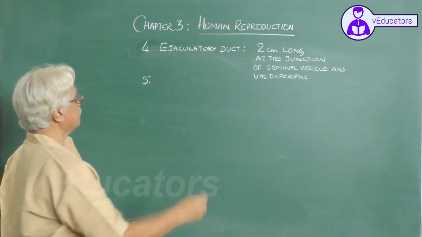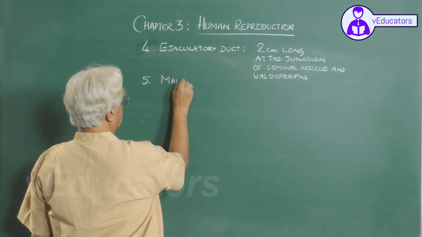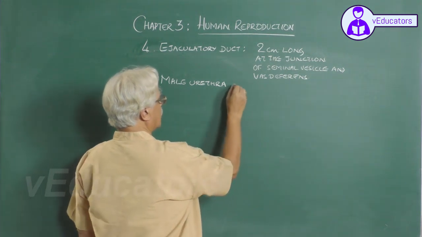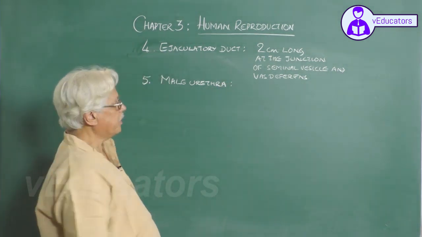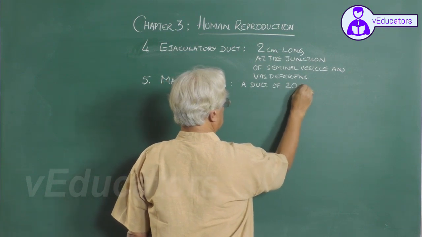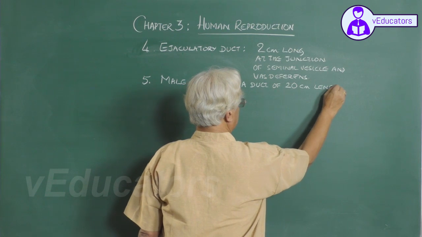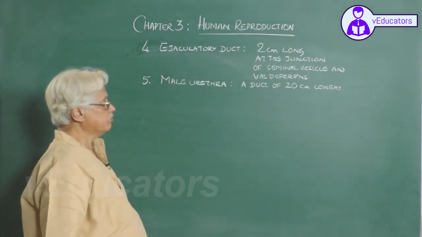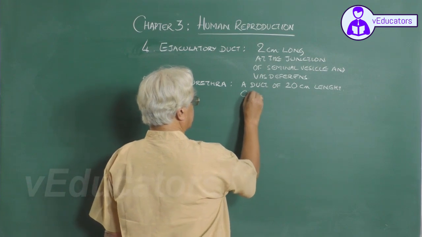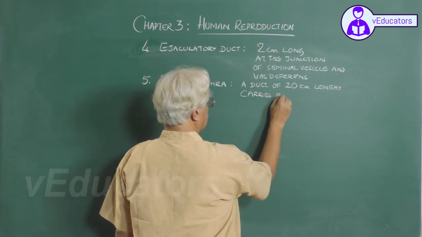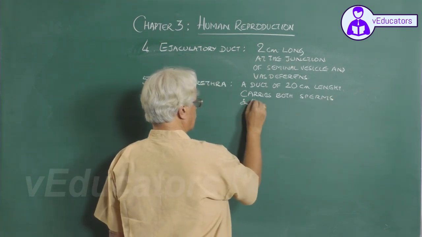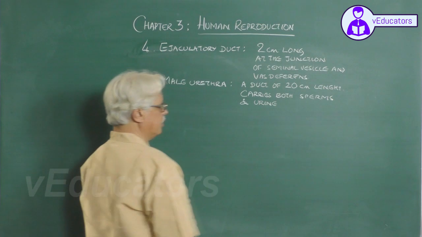Then, fifth, male urethra. This is a duct of about 20 centimeter length, which carries both sperms and urine.